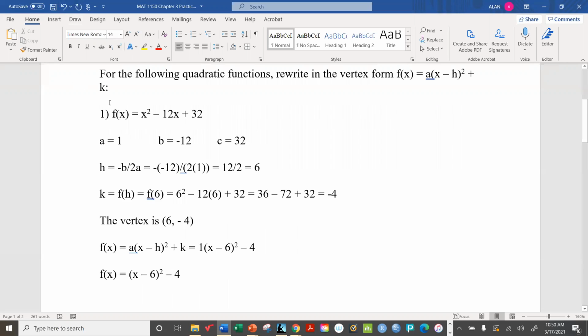So in other words, this expression and this expression mean the same thing. It's just that this is written in vertex form. I prefer it this way, but for certain applications, this would actually be more convenient.